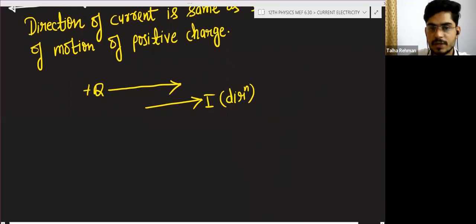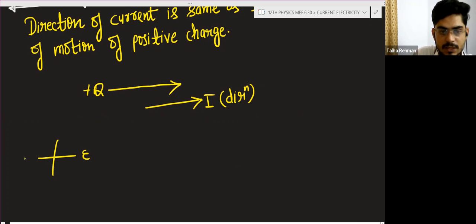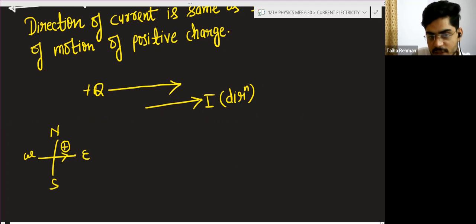Means the direction of current is the same as that of motion of charge. Like east, west, north and south: if positive charge is moving in this direction, you will take the direction of current in east.